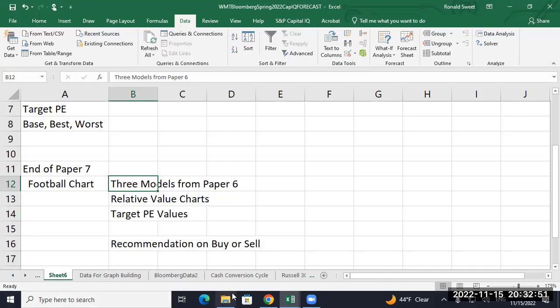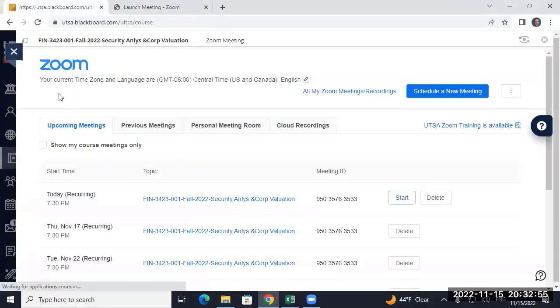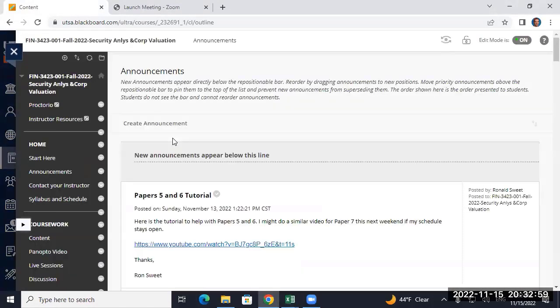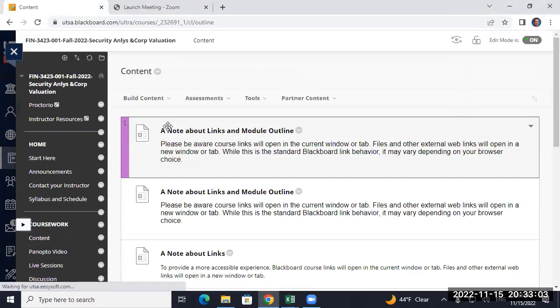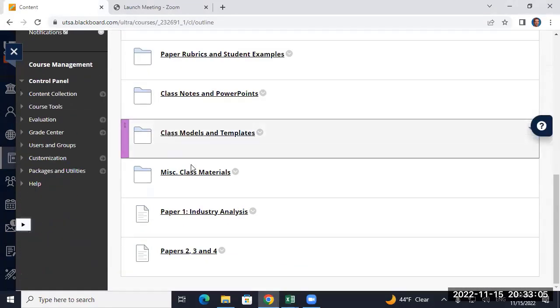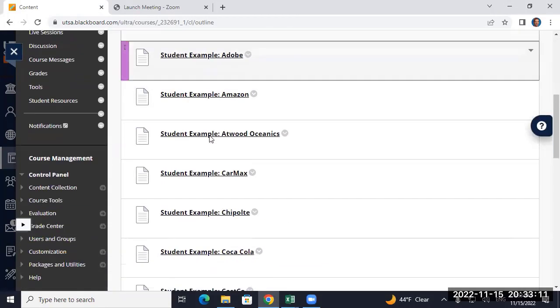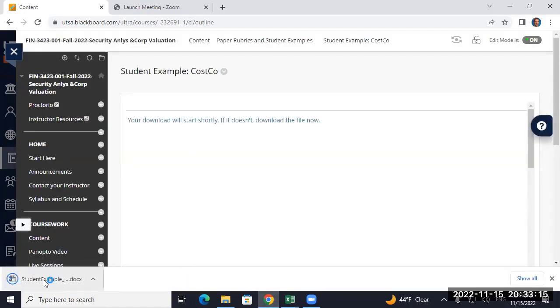And I can't remember if I know Bond did that, so we could probably look at Bond's paper. So his paper is Costco.